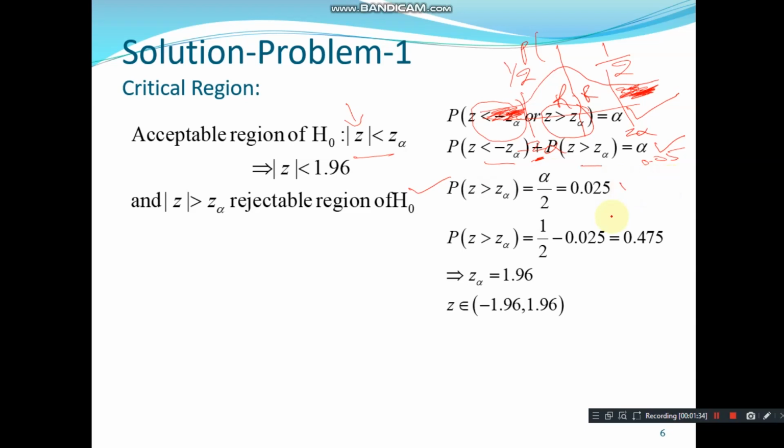Simplifying, you will get 0.025, and for this, 1 by 2 minus 0.025, you get 0.475. This is actually the area of z alpha. Now, from the standard normal distribution table, we need to find for what value of z alpha its area is 0.475.